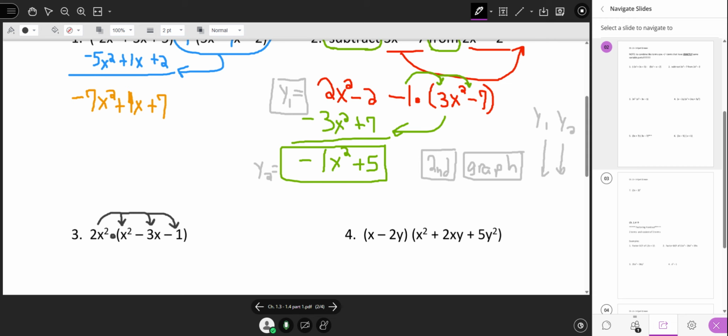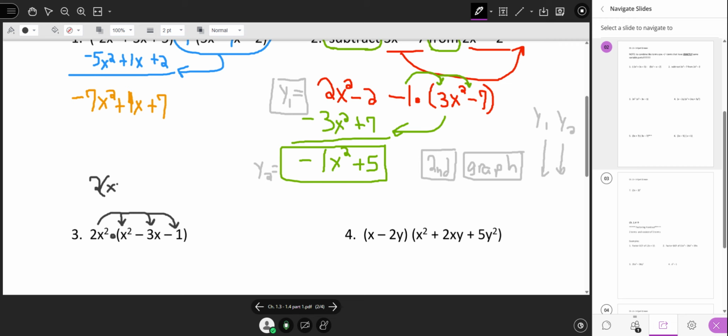Notice when you add and subtract x squareds, you do not change the x squared. x squared minus x squared is still x squared. But here you've got an x squared times an x squared.